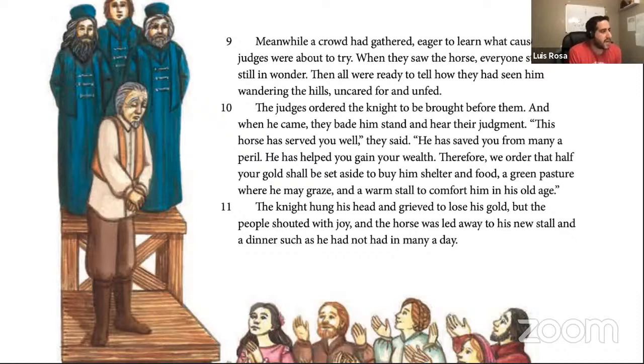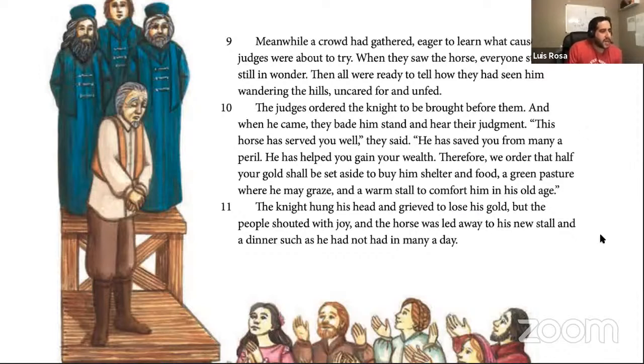"This horse has served you well," they said. "He has saved you from many a peril. He has helped you gain your wealth. Therefore, we order that half your gold shall be set aside to buy him shelter and food, a green pasture where he may graze, and a warm stall to comfort him in his old age."